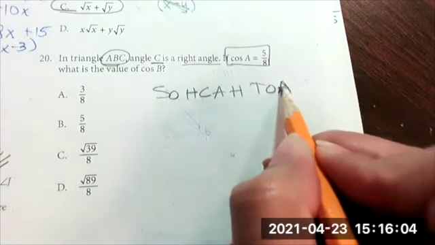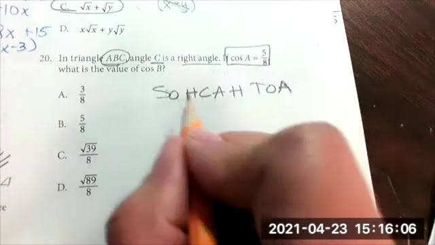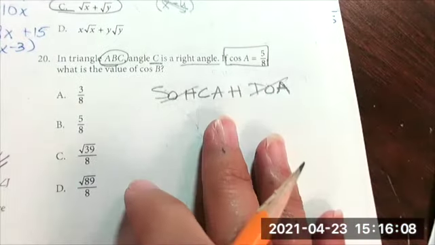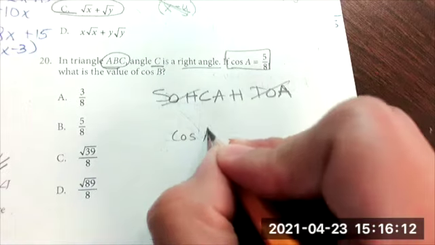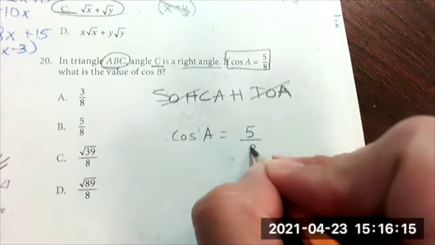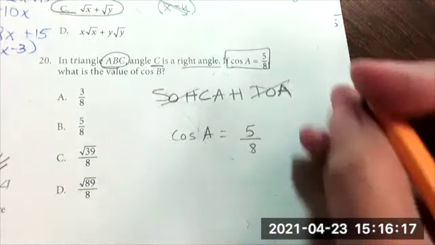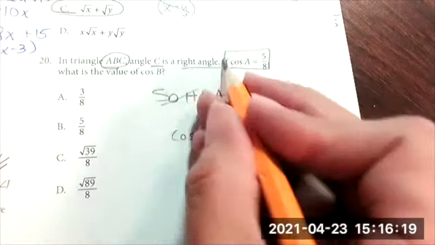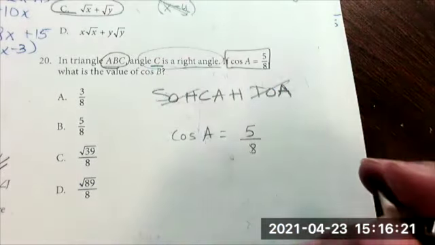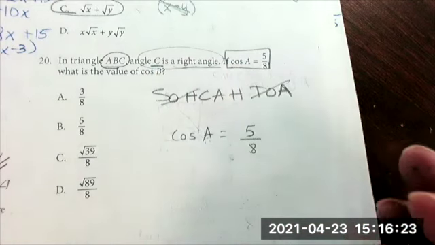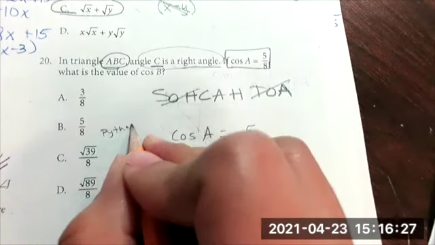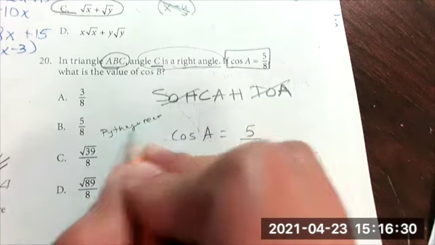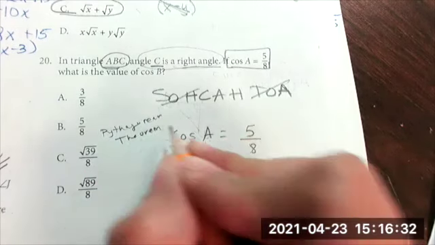And this is just an acronym so I can remember what goes with what. We're not using sine, we're not using tangent, we're using cosine. Cosine of A is 5/8, right? Since this is a right angle, that means that we can use the Pythagorean theorem. And that's what we're going to use to find the other side.